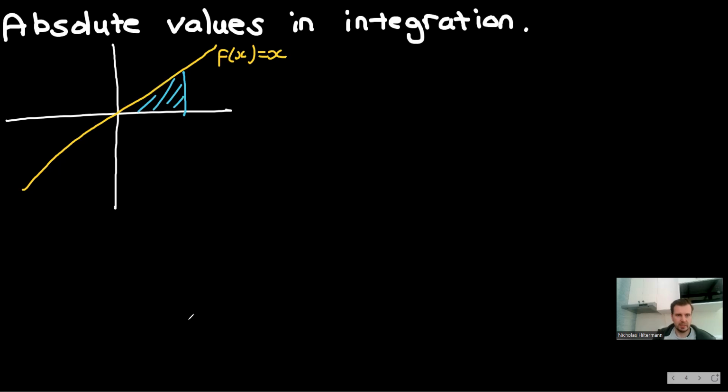So what happens is, let's look at this. Let's say that we had to find the area from -1 to 1 on this one. Well, what we notice is this is below the graph. So let's say that we try to do this.